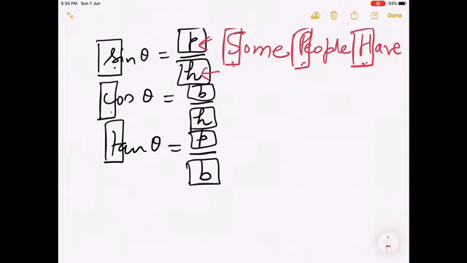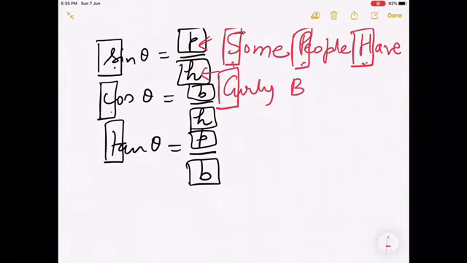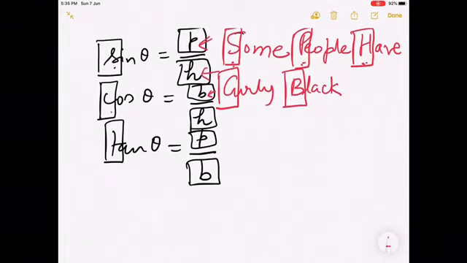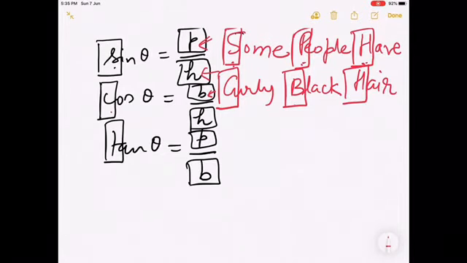Now same way we take the other. Some people have. Then the next comes C. So we write "curly". So we get the C here. Then we write base. We have to write B. So we write "black". Some people have curly black hair. So it becomes cos is base upon hypotenuse. And then next is tan.